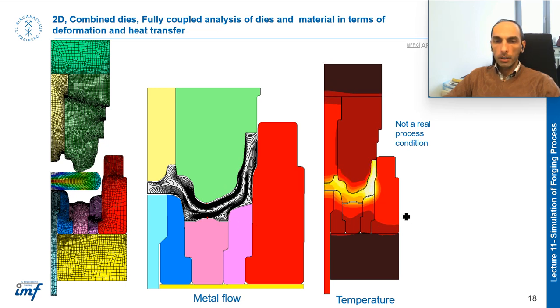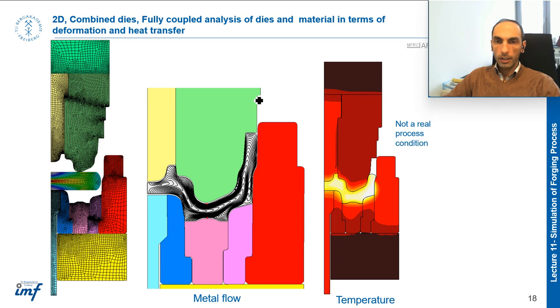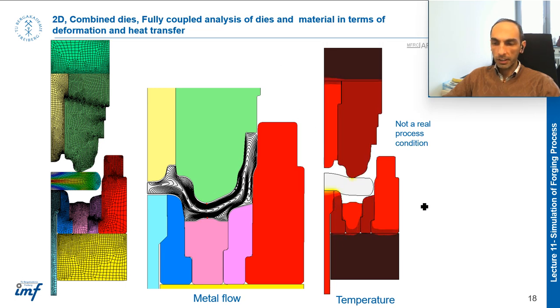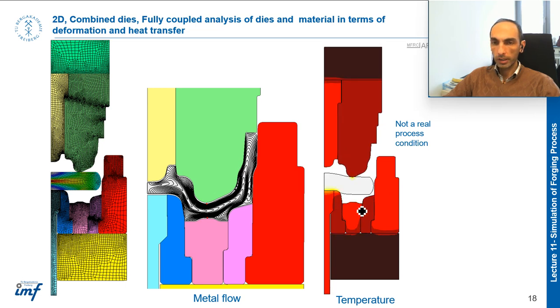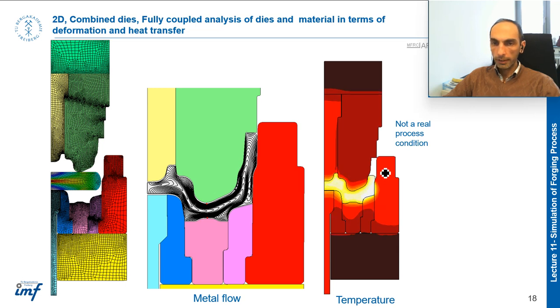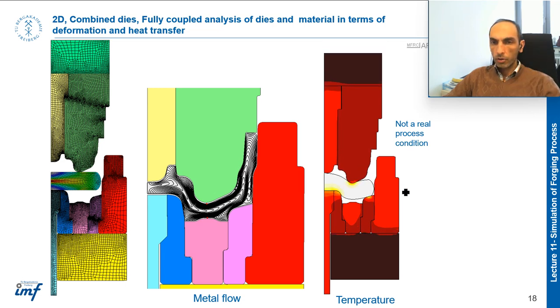And of course, if you want to simulate a fully coupled simulation, coupled means the die and the workpiece both are simulated. You will have the prediction. For example, here you can see the prediction of temperature in the workpiece and the dies, and accordingly you can predict the residual stress and other parameters.